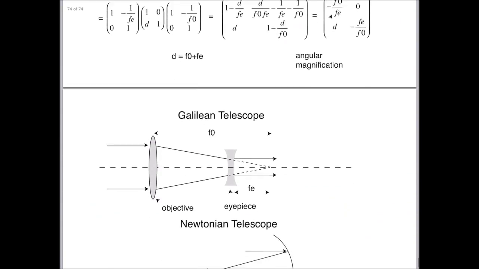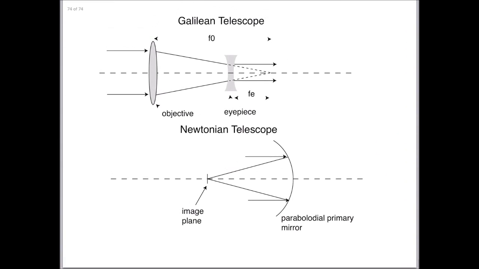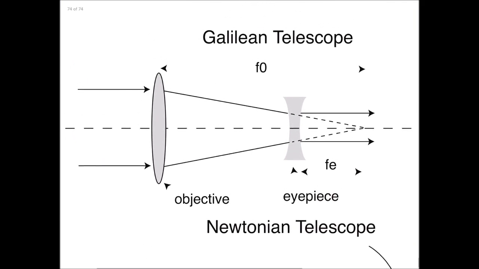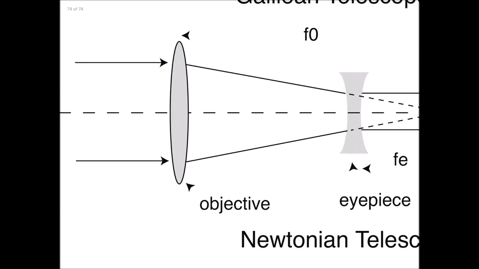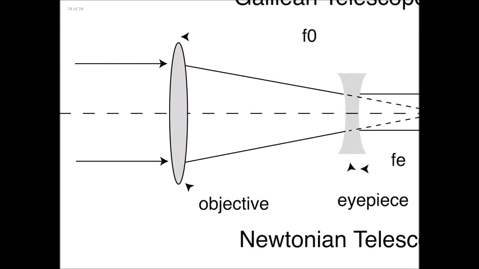Okay, so this is the last slide, and it shows us two different structures of telescopes. One is the Galilean telescope, and that works by using an objective lens and an eyepiece lens. If you have a huge bundle of rays coming in parallel to the optical axis, you first start focusing this down using an objective.